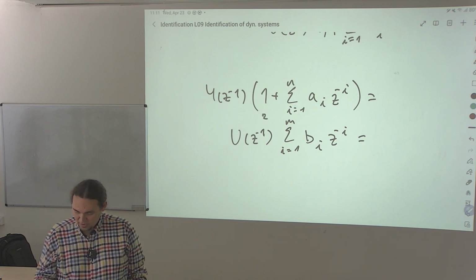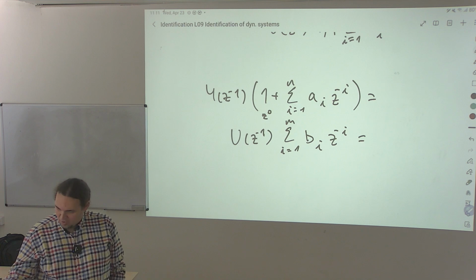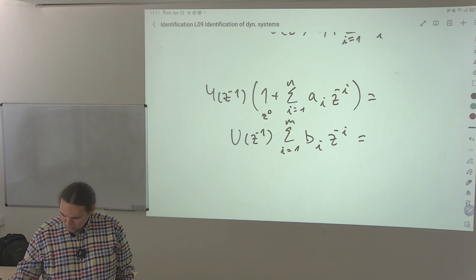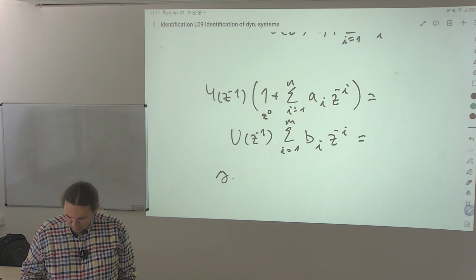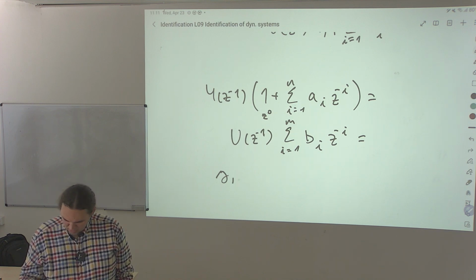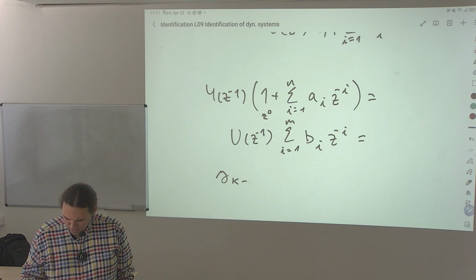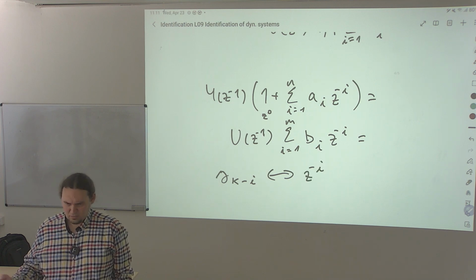This one here is nothing else than no shift at all. So now we are doing what? k minus i is nothing else than z to the power of minus i, right?